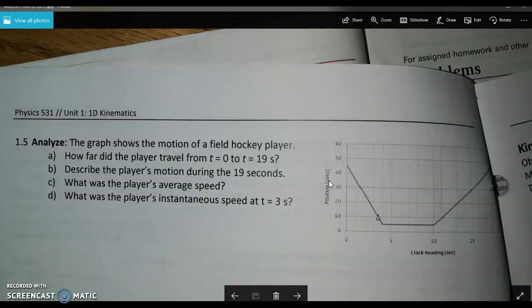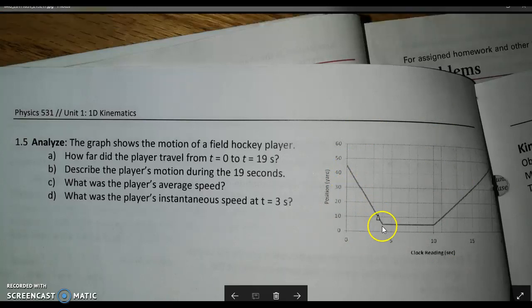Okay, for 1.5, for the distance traveled, I just looked at the graph and concluded that in the first 4 seconds of his movement, the player moved from the 45 yard line to the 5 yard line, which makes that 40 yards of travel.